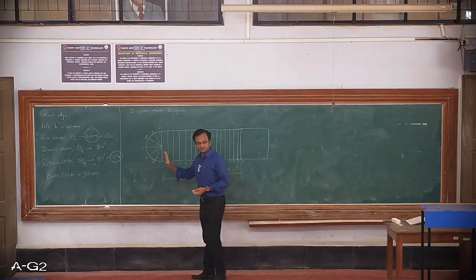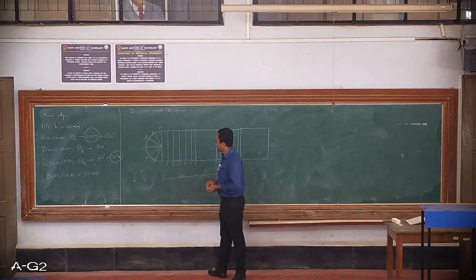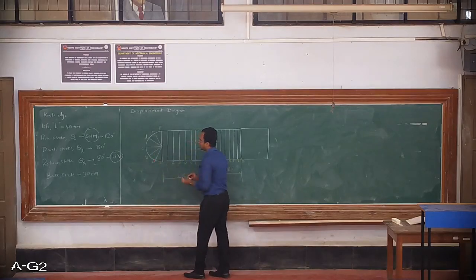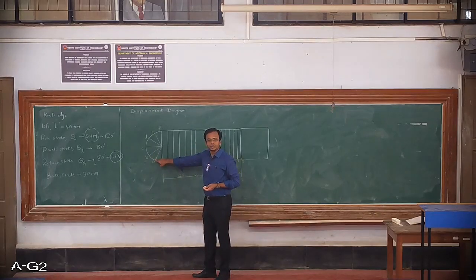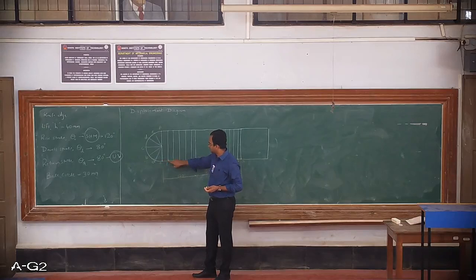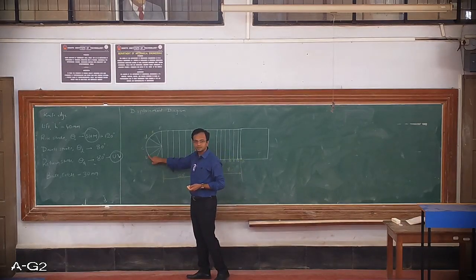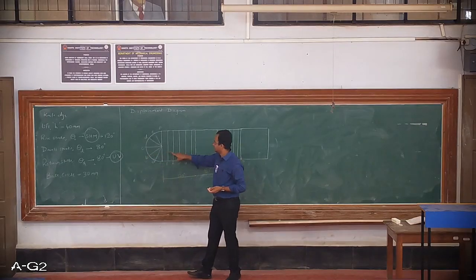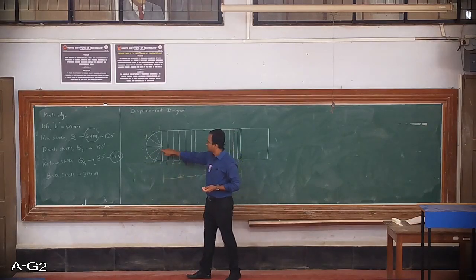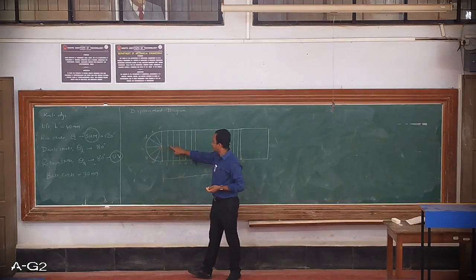So once this is done, the last step here is, starting from point A, I will draw a horizontal line until it intersects line 1. Starting from B, I will draw another horizontal line until it intersects line 2. Starting from C, I will draw a horizontal line until it intersects line 3, and so on.